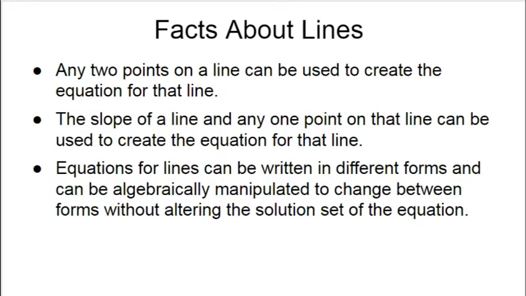Let's recall our facts about lines. Any 2 points on a line can be used to create the equation for that line. The slope of a line and any 1 point on that line can be used to create the equation for that line.